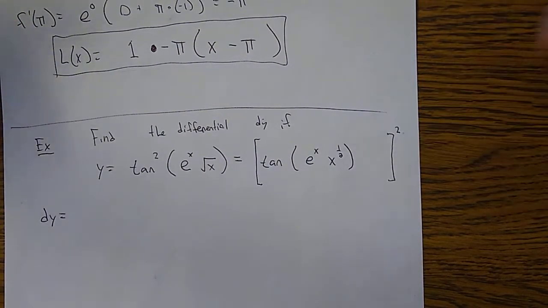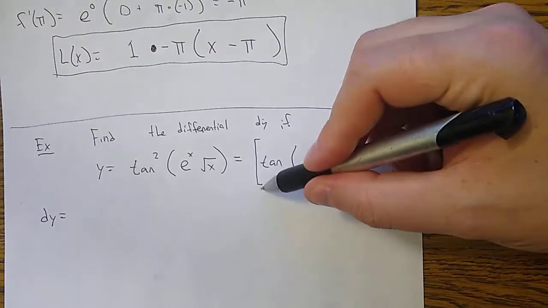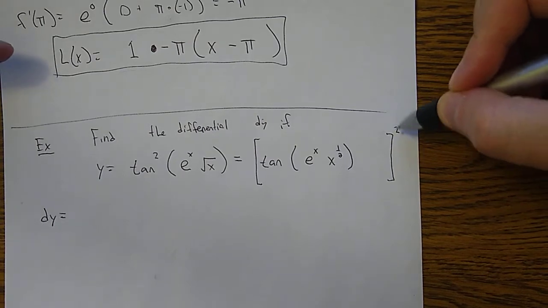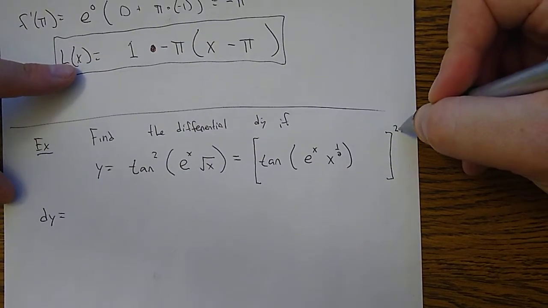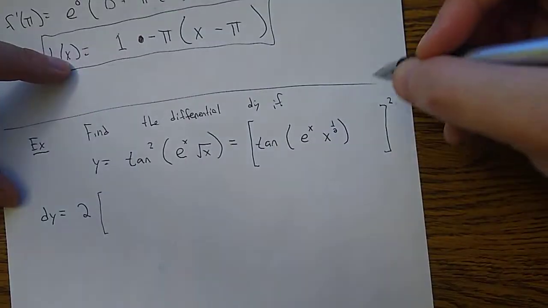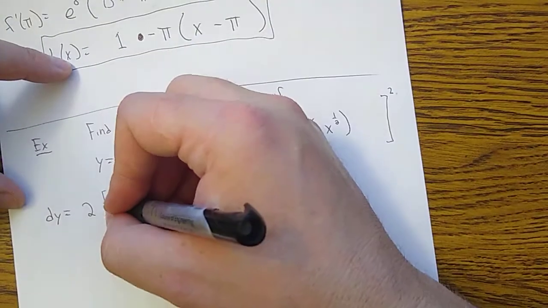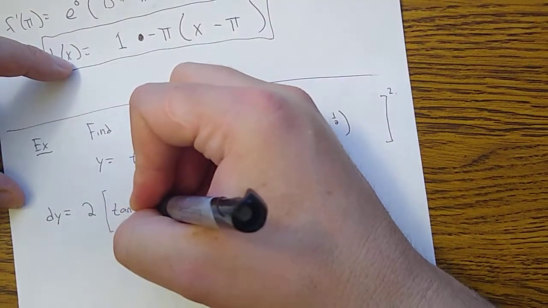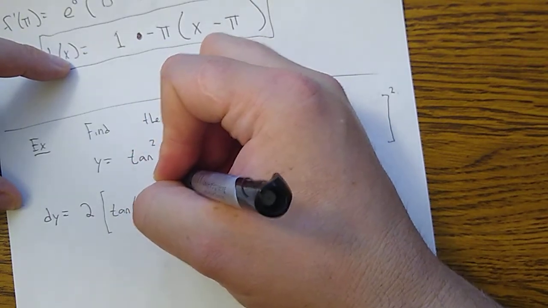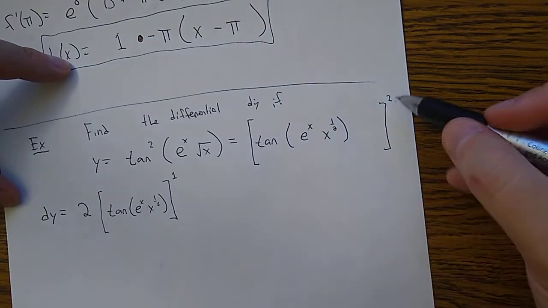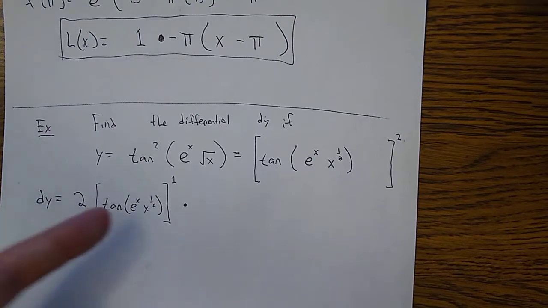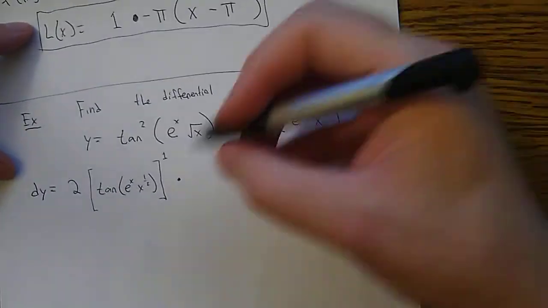So I see the chain rule, and the outside function is easy for me to tell now that I wrote it this way. The outside function is squaring. So to take the derivative, I get 2. The power comes down, and then I would have the same thing to the 1 power, because I reduce the power. And now I would multiply by the derivative of the inside.